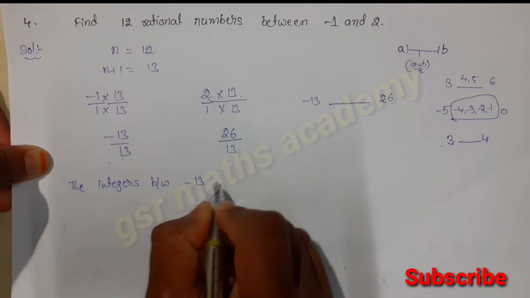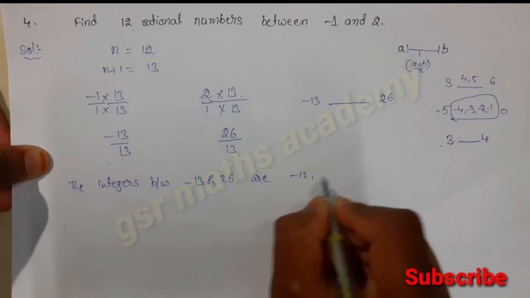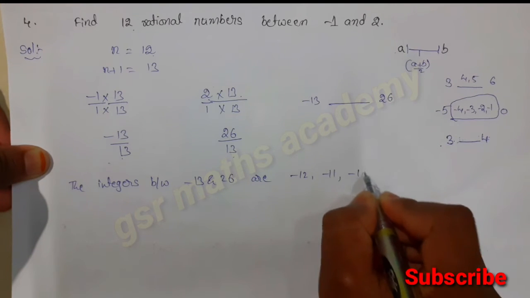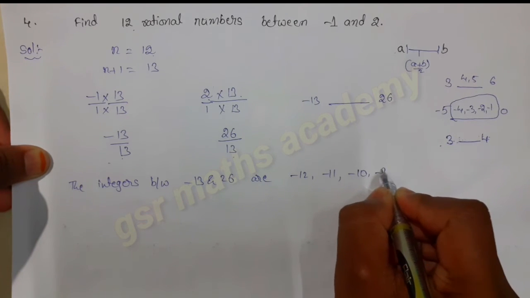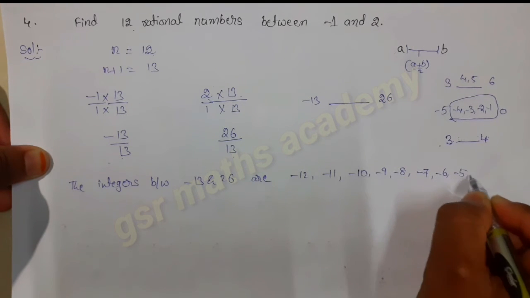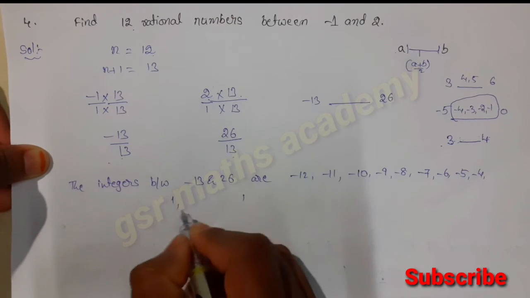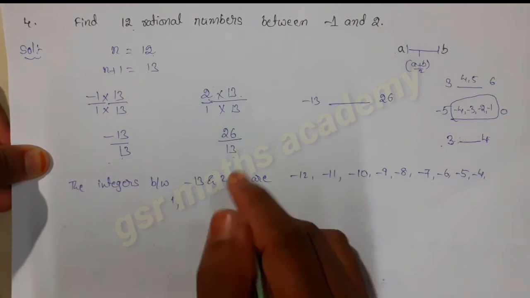The integers between -13 and 26 are -12, -11, -10, -9, -8, -7, -6, -5, -4. Or else you can take a positive 1. Positive 1 also lies between -13 and 26.